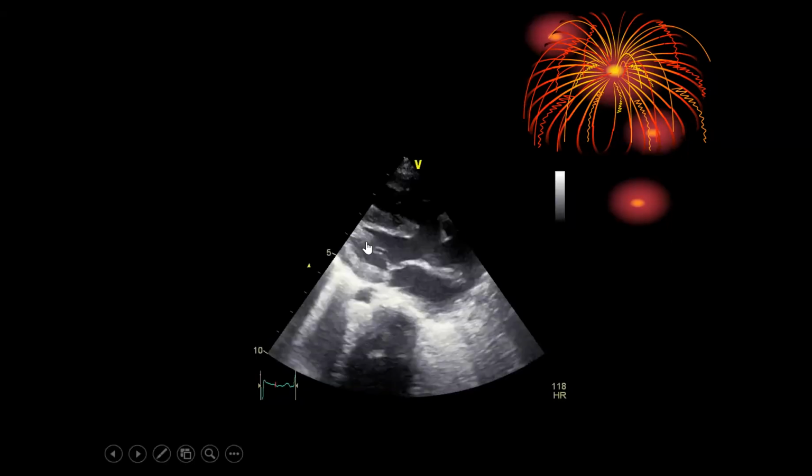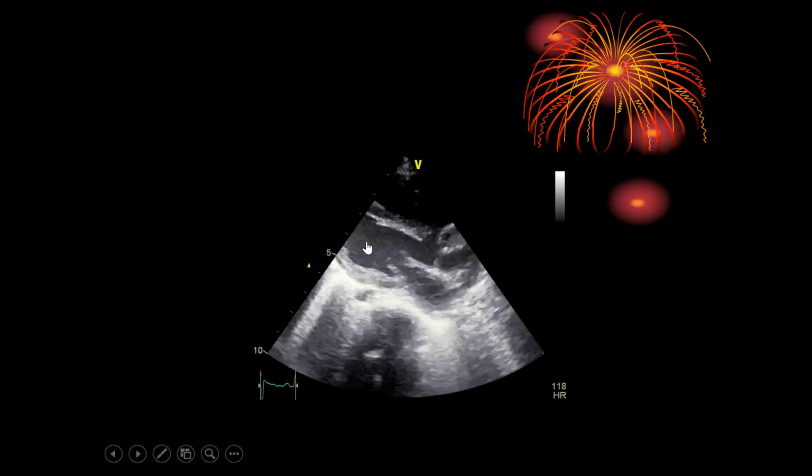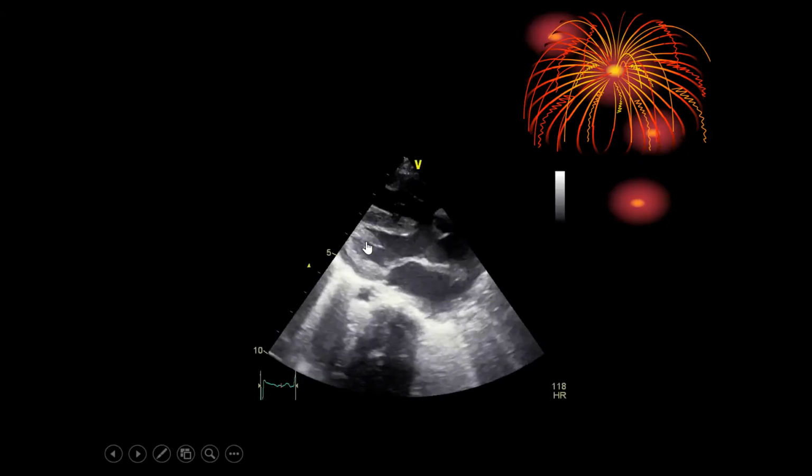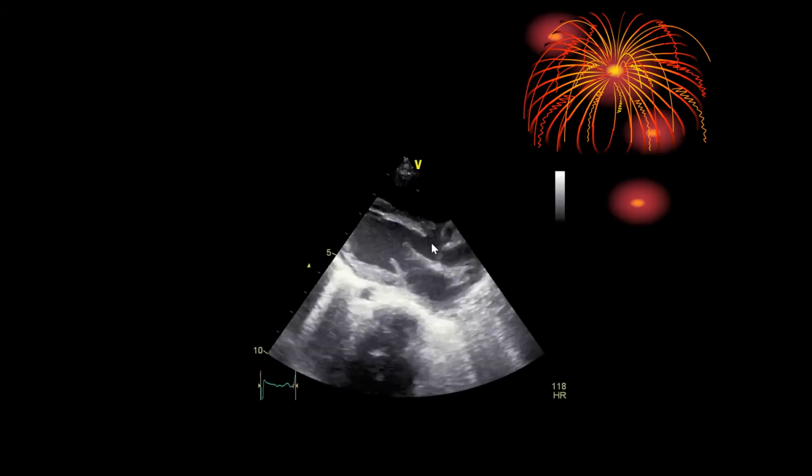Let's look at the next picture very carefully. Now you see that the aorta is somewhere in between the interventricular septum. So you can say in one go, this is a type of VSD, but there is along with it an override of aorta.